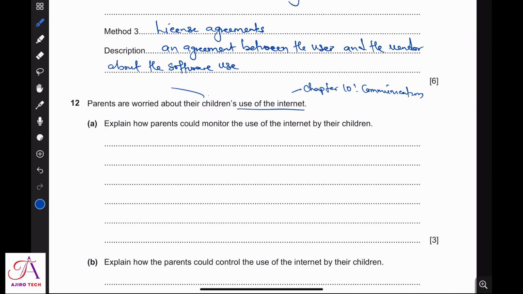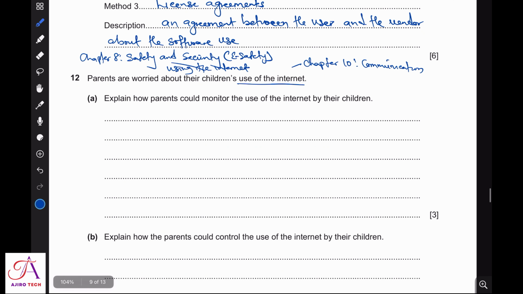Some will look at it this way from chapter 8, safety and security, and they will look at it from e-safety. When we talk about using the internet, we're looking at it from two angles. So how the parents monitor the use of the internet by their children. Now, the first one is to install website monitoring software.